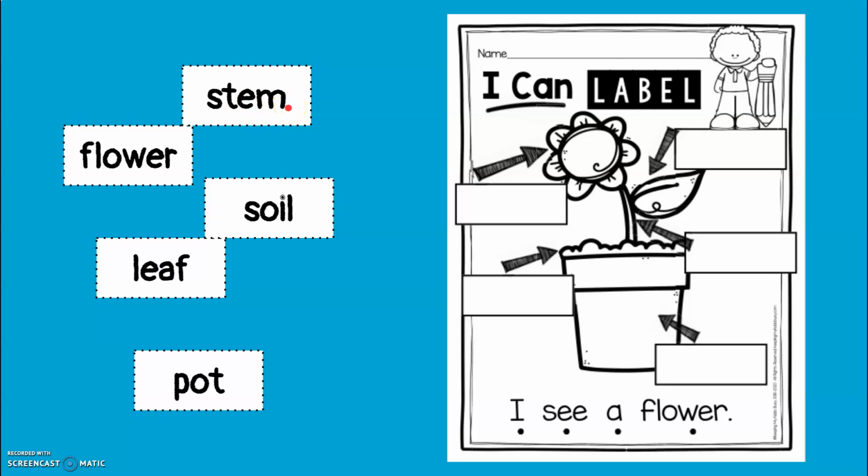S, and it ends with an S. Oh, I know. Stem. And I would drag this picture and put it over the box. And then when you're done, you're going to read, I see a flower. And your poster is going to be nicely labeled.